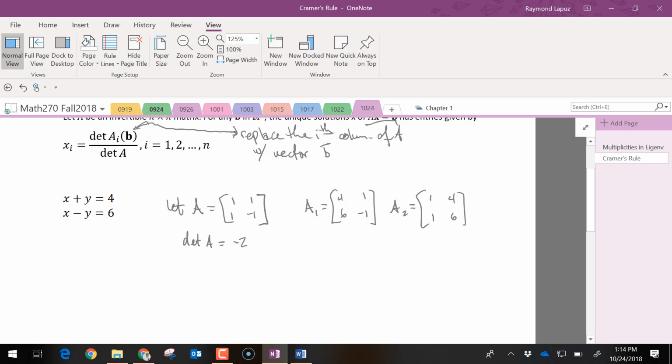The determinant of A1 is going to be negative 4 minus 6, negative 10. The determinant of A2 is 6 minus 4, 2.